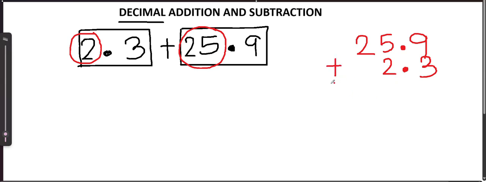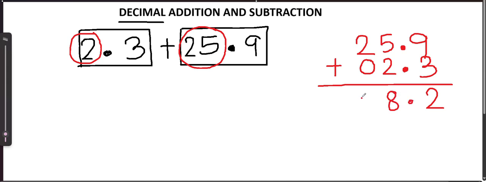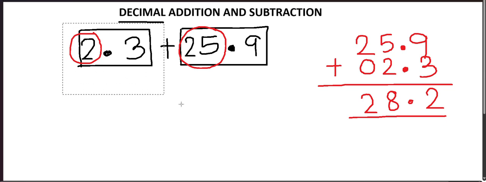So I have 2.3. Now it is very easy to add. There is no number over here, so that means it's a 0, 9, 10, 11, 12. 1 goes up over here, so that's 8. And our final answer is 28.2, right? So that is how we do the decimal addition.